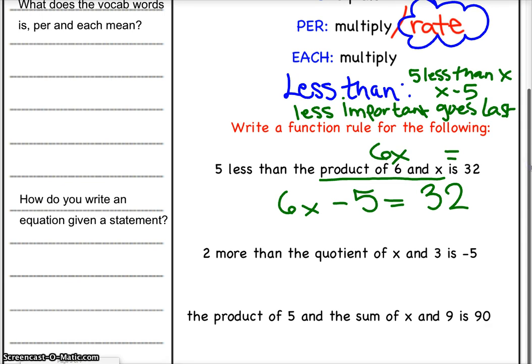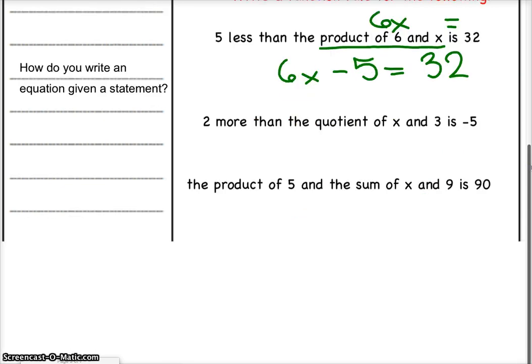Okay, next example. 2 more than the quotient of x and 3 is negative 5. What does more than mean? Addition. 2 more than means plus. Quotient. What does quotient mean? Divide. How do we show division? Do we show it like this or with a fraction bar? Fraction. Yes, you better not put the division symbol, okay?